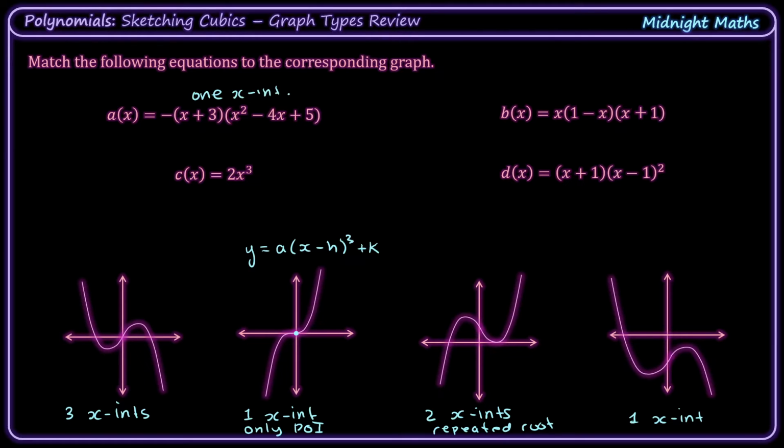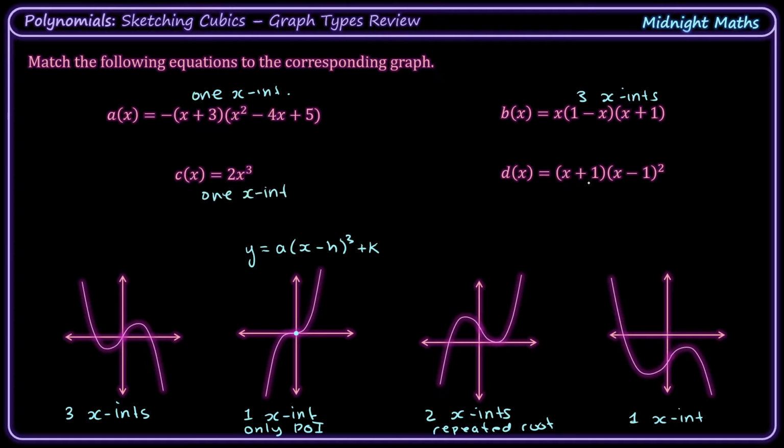Now, moving on to b of x, I can see 1, 2, 3 linear factors. If I equated this to 0 and did the null factor law, I would have 3 solutions. So this one has 3 x-intercepts. Next, moving on to c, this one has only 1 term overall. If I equated that to 0, it would only have 1 solution, so this has only 1 x-intercept.